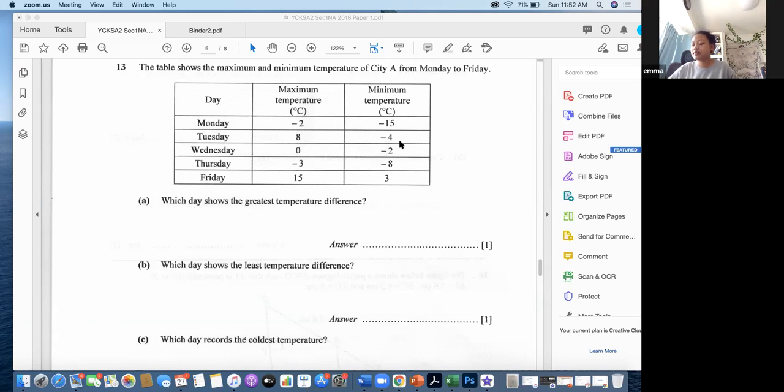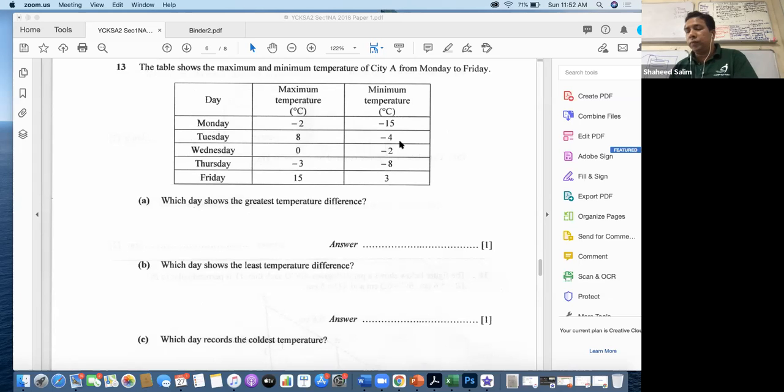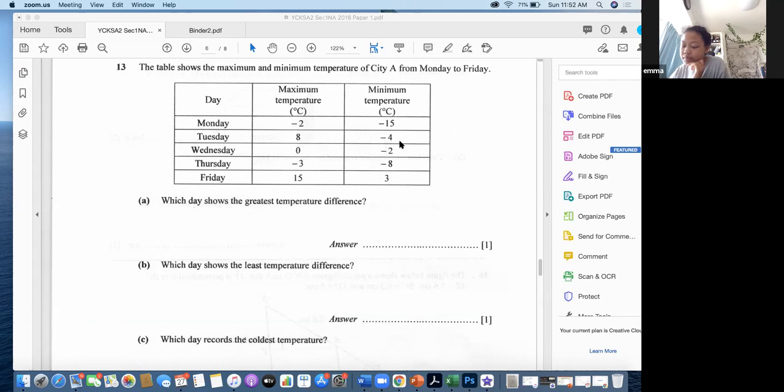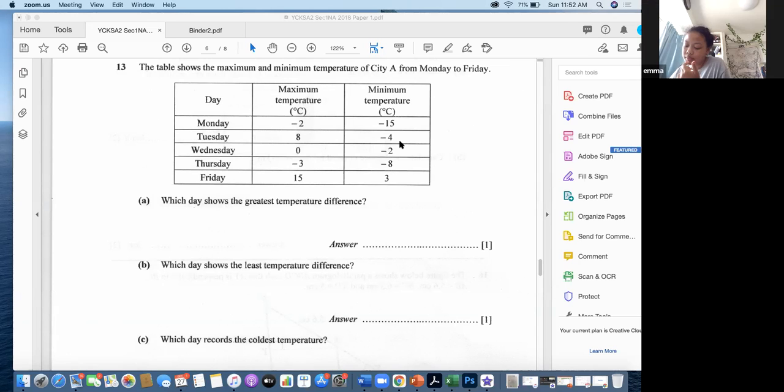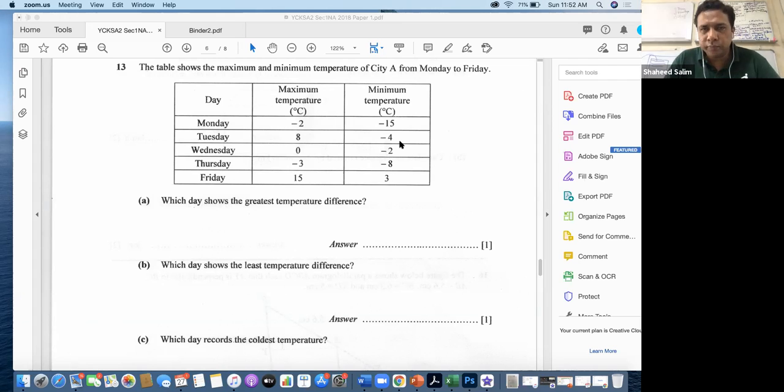Monday. Monday is the greatest difference. Good. So how many degrees difference on Monday? 13, right? Tuesday, how many? 12. Good. Wednesday? 2. Thursday? 5. Friday? 12. Good. So your answer for A is Monday. Answer for B is? Wednesday.